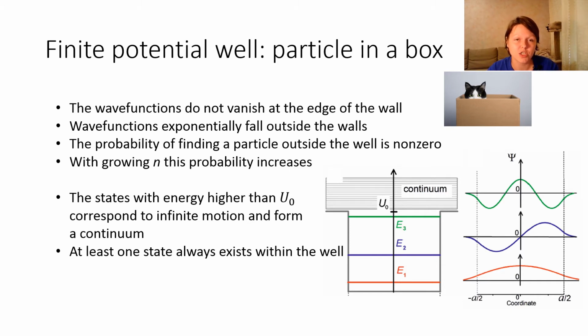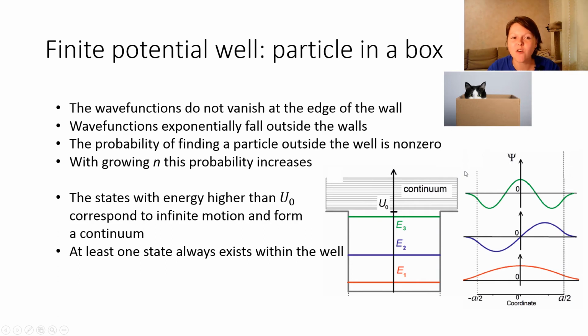The wave functions of each energy level of the particle, which is situated in the finite potential well, do not vanish at the edges of the wall. But outside the edges of the wall of the potential well, wave functions fall exponentially in every energy level.